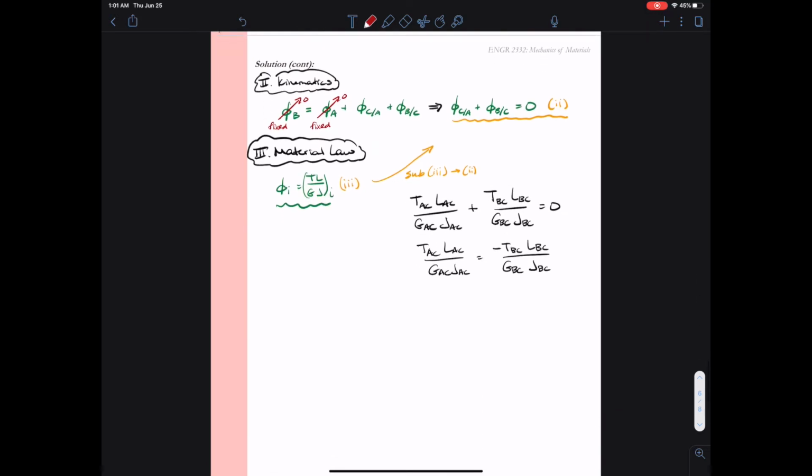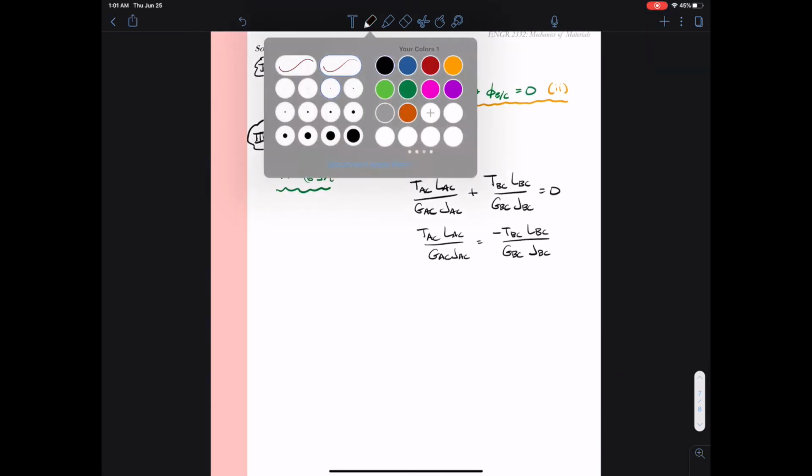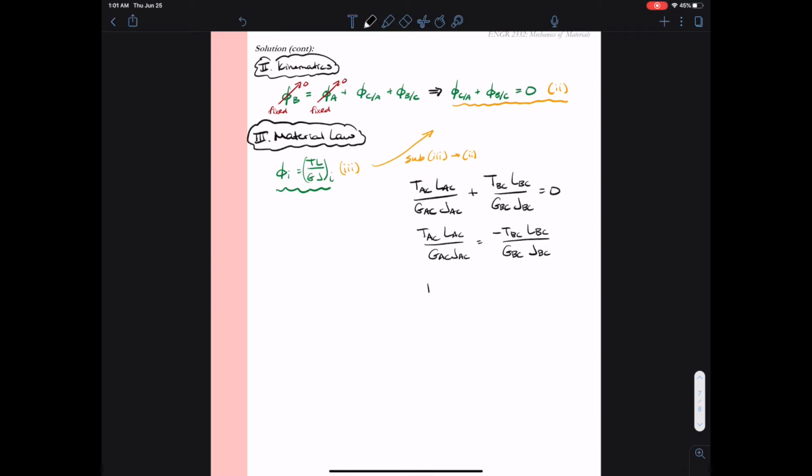This is how the torque that's applied at C decides how much goes to the support at A and how much goes to the support at B. Well, it has to do with this proportion right here, this equality. So it's some sort of relationship between the length, the shear modulus, and the polar moment of inertia.